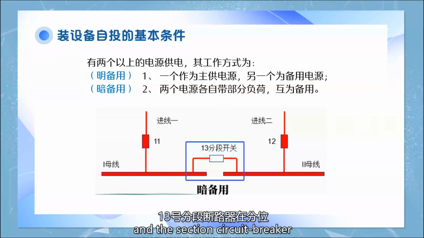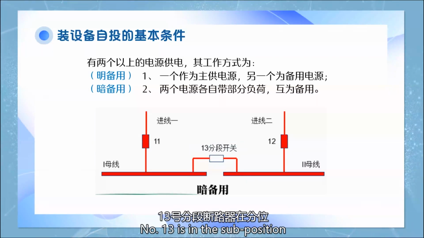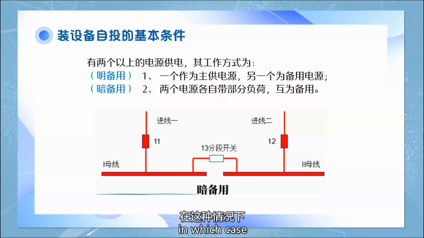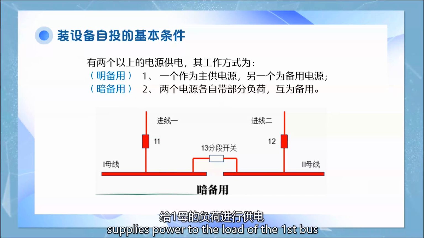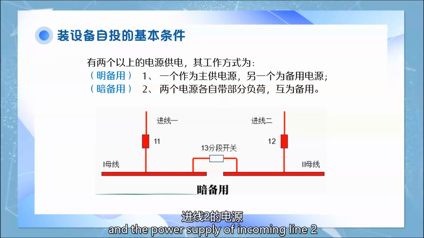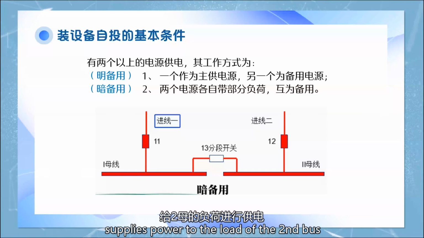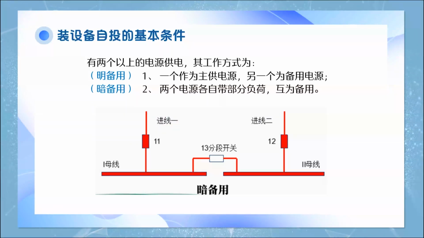And the section circuit breaker number 13 is in the open position, in which case incoming line 1 supplies power to the load of the first bus, and incoming line 2 supplies power to the load of the second bus.